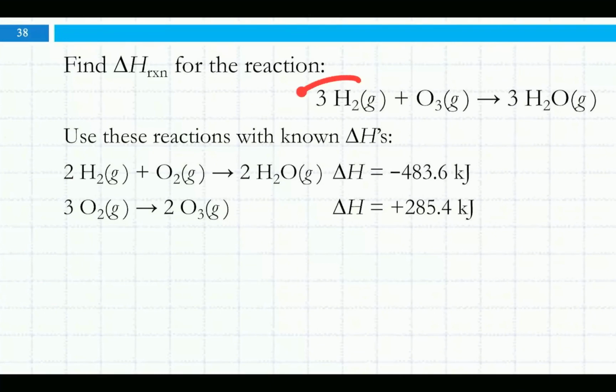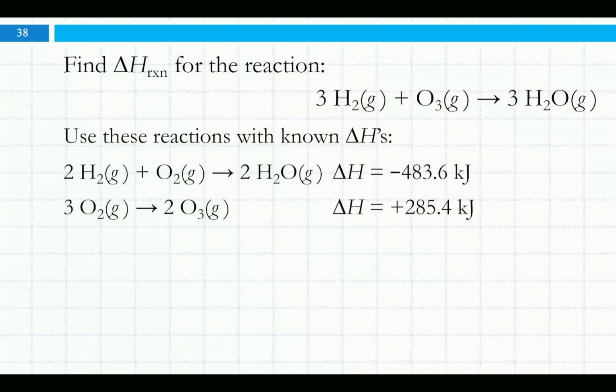Usually we can look at not just the fact that there's 6 here, the fact that there's 3 H2s. So what's the issue? If I want to have the right number of hydrogens, how do I get to 3 hydrogens?